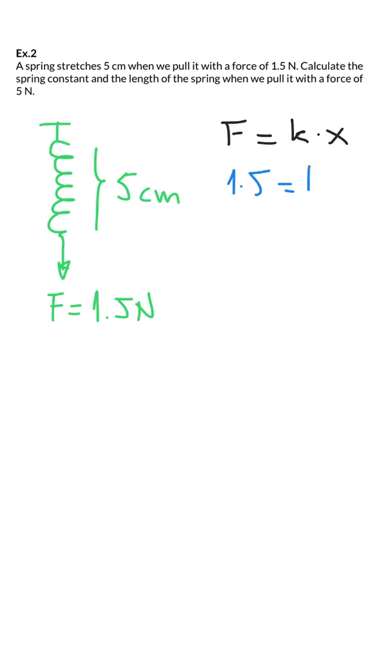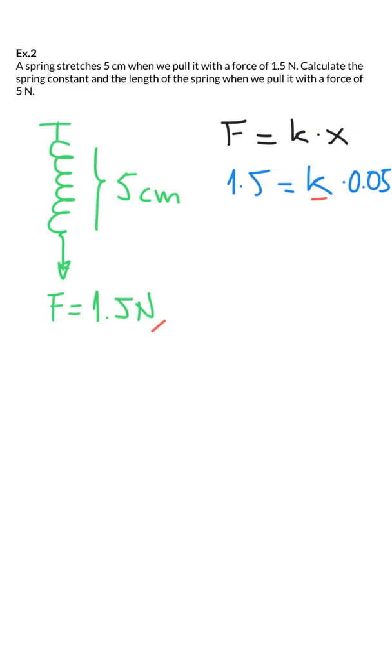So K, we don't have it, but we have X. X is 5 centimeters, which is 0.05 meters. We need to use meters. We cannot use centimeters because the force is measured in Newtons, and the unit of K is Newton divided by meters.